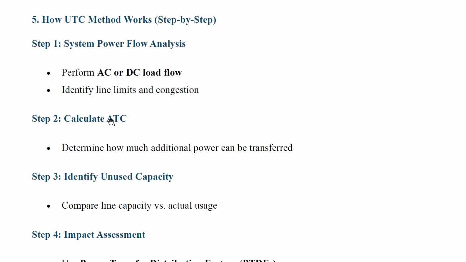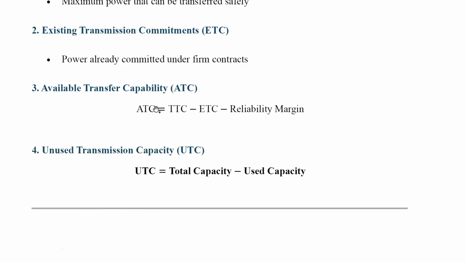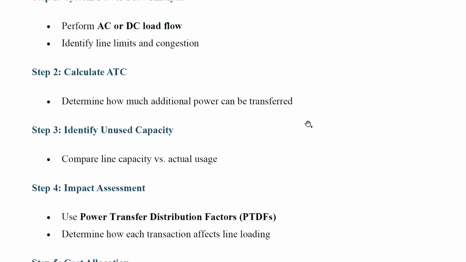Next, step number two, calculate ATC, available transmission capacity, which determines how much additional power can be transferred. How to calculate ATC? TTC minus ETC minus reliability margin.